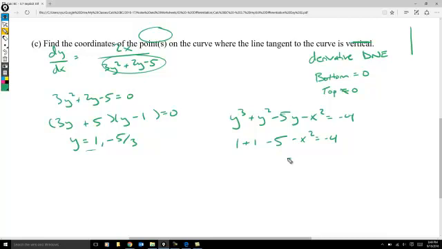Add that over, -1. So that means that x is plus or minus 1. Alright, so that actually gives me 2 points here. So that means that 2 of my points are (1, 1) and (-1, 1). Alright, so the y value is 1.